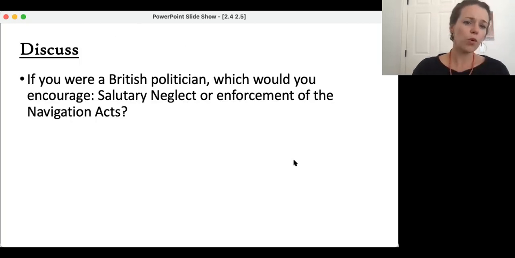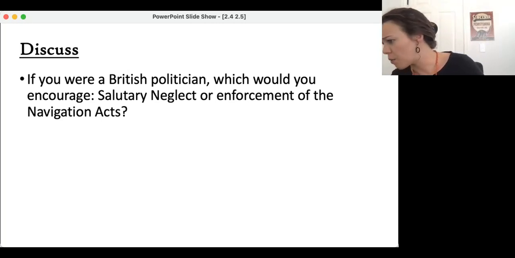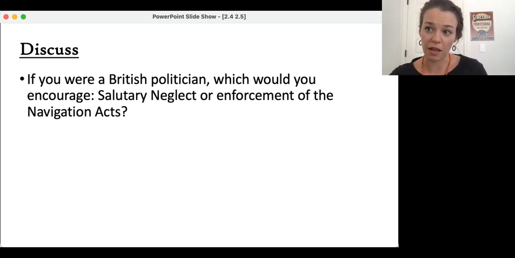So if you were a British politician, which would you encourage? Salutary neglect or the enforcement of the Navigation Acts? Right? Think practically. None of these colonists will be voting for you. You do have local supporters that would be significant in the form of merchants and captains, the British Navy.